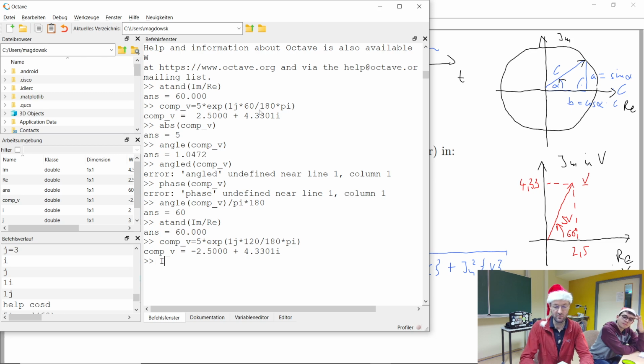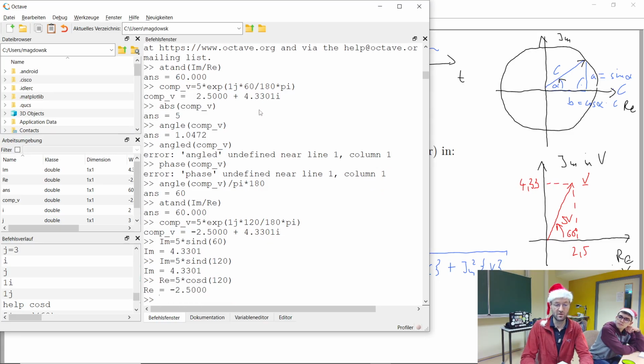So now if I calculate our real and imaginary part again, with 120 degree, our arcus tangens in degree formula should usually give us, what should we get? 120, right?